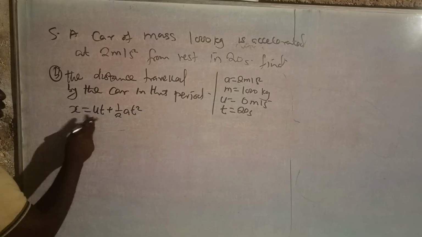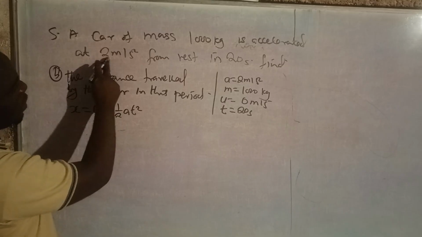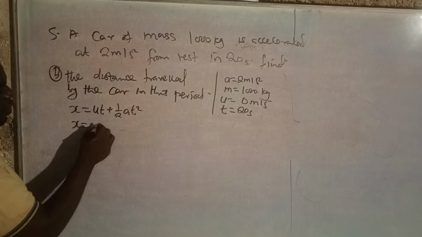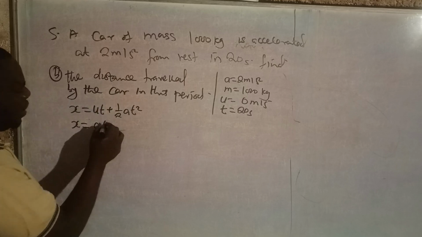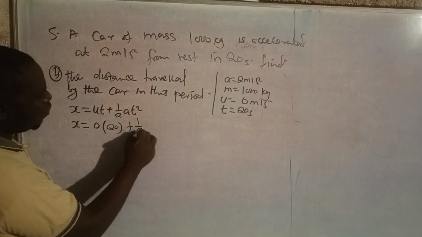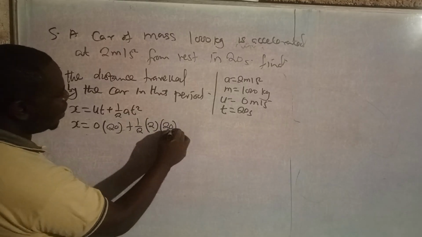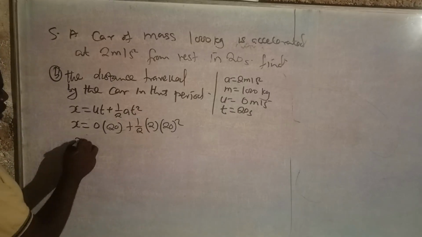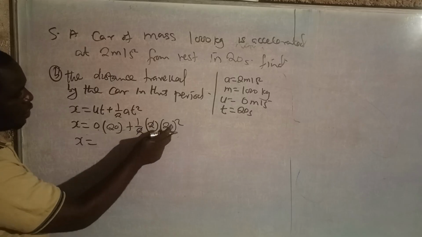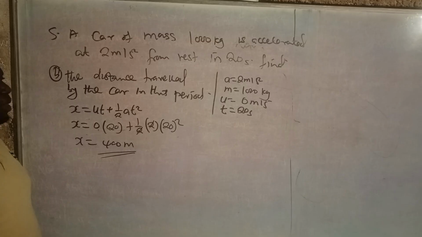Because we have the initial velocity, the time, and the acceleration, which is 2. So x is equal to initial velocity, which is 0, times the time taken, 20 seconds, plus 1/2 times acceleration 2 times time 20 squared. So x is 0 times 20, which is 0, and this cancels with the 1/2 and the 2. So 20 times 20 gives 400 meters. The answer will be 400 meters.